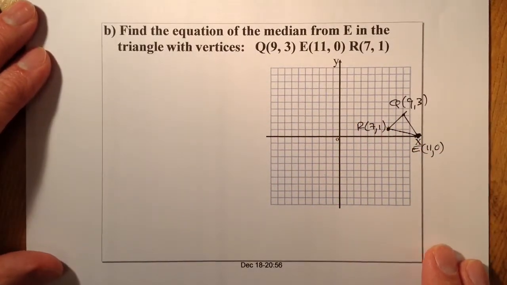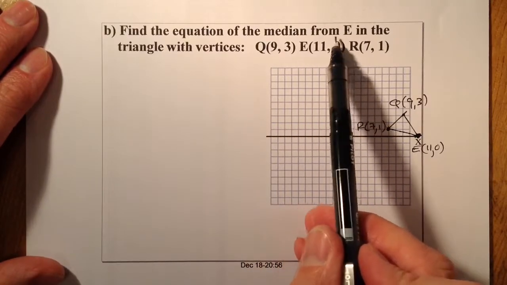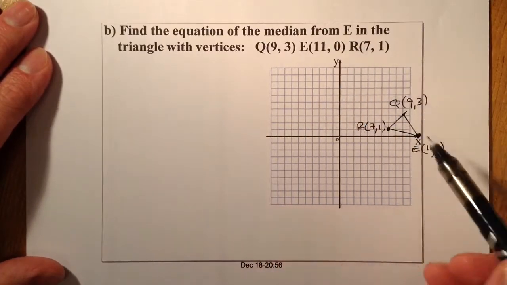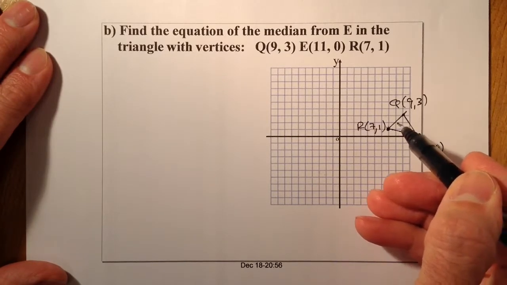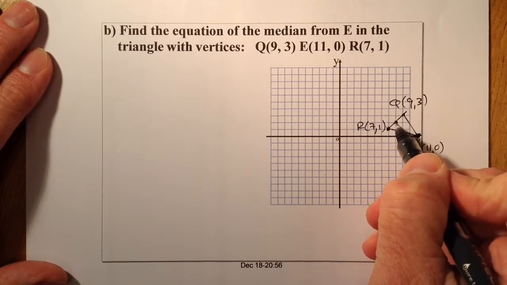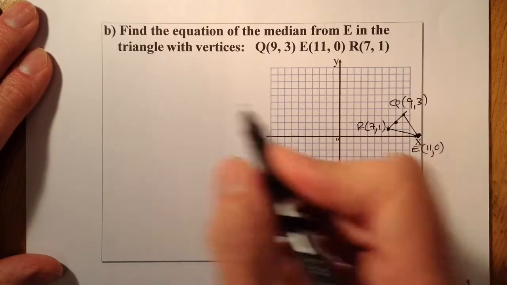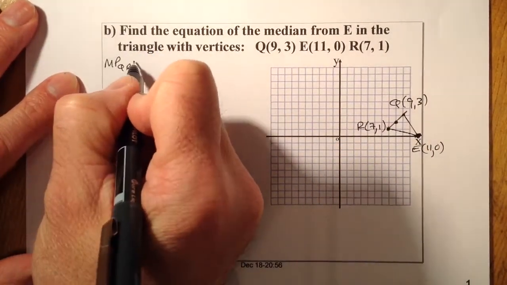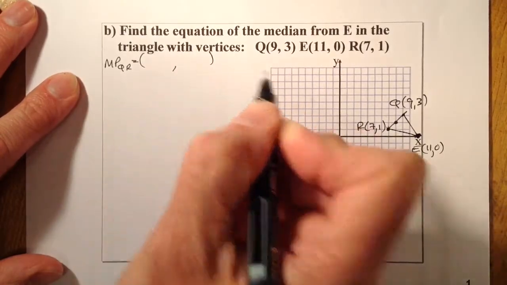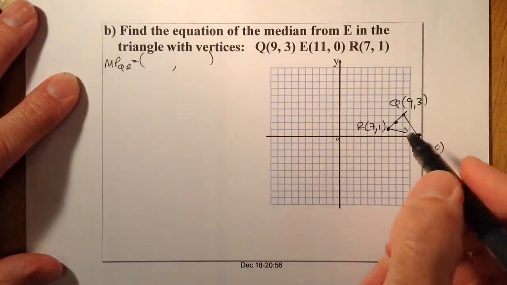Right then, okay, what we'll do is we're going to find the median from E. So remember what we're doing is we're looking at the line opposite E, so there's E, so it's the line RQ, and I'm looking for that midpoint that's sitting there. So the midpoint of QR, and remember it's just the average or the mean of these two.